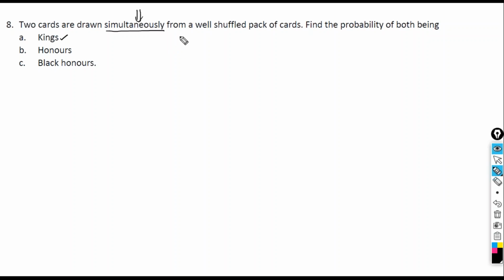There are a total of four kings, out of which I require two kings. Out of 52 cards, you are taking out two cards. On solving this, it becomes 4 into 3 divided by 52 into 51. This is one way of looking at it.